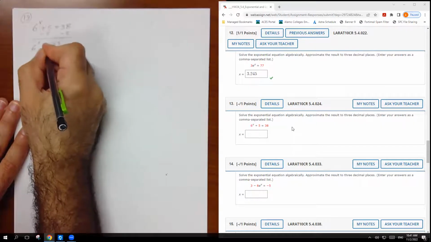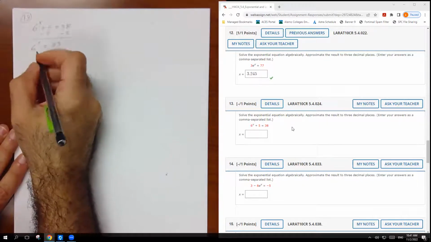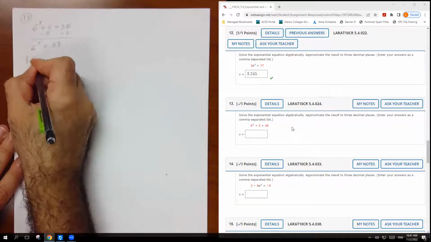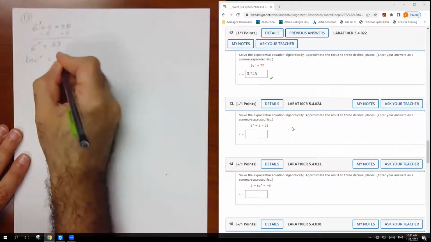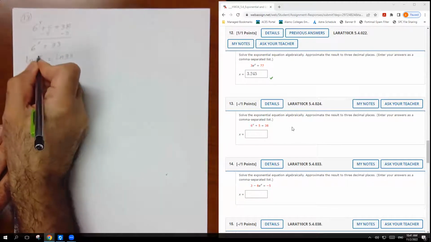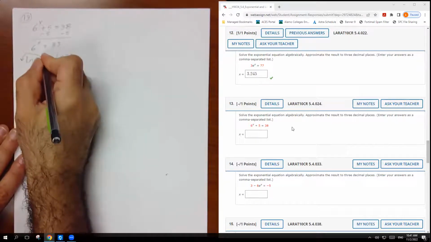33. Now, next step, I'm going to take ln of both sides because if x equals y, that means ln x equals ln y. So ln of 6 to the x equals ln of 33. Then move the exponent from the top to the other side by using the power property.